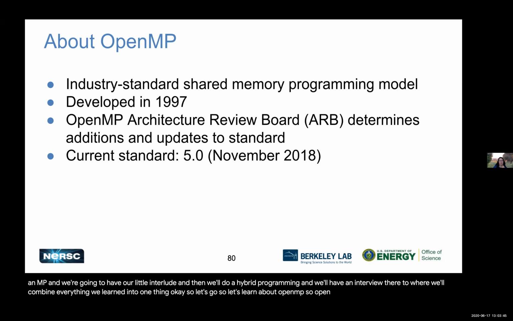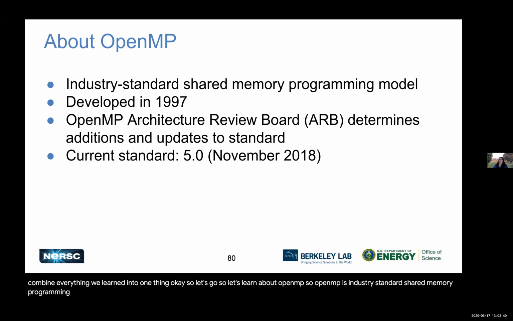So OpenMP is the industry standard shared memory programming model. It was originally developed in 1997. The OpenMP Architecture Review Board, ARB, determines additions and updates to the standard. In fact, a member of my group is on the OpenMP ARB.